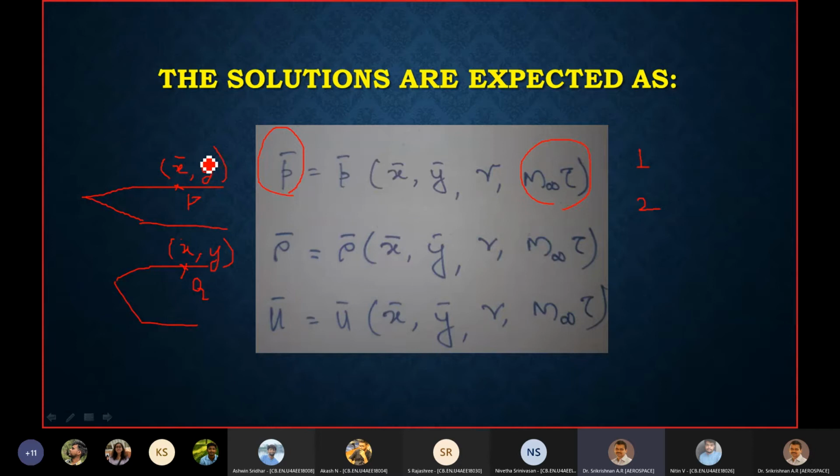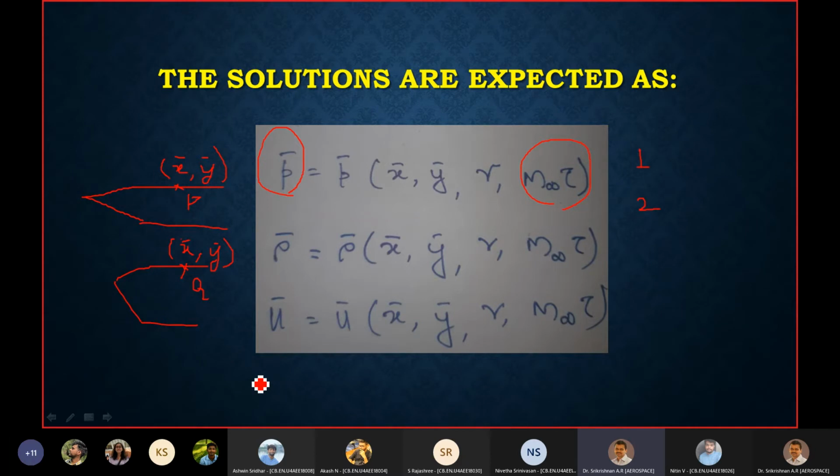I repeat, the non-dimensional values of x and y. It's not that the points P and Q have the same values for x and y. I'm saying that they have the same non-dimensionalized values of x and y, that is, x bar and y bar.